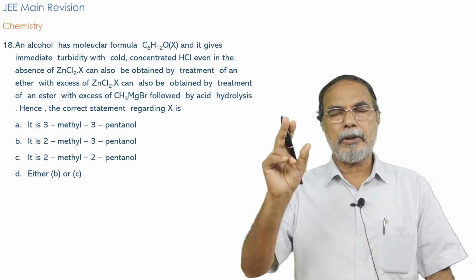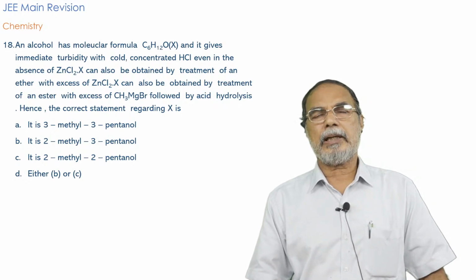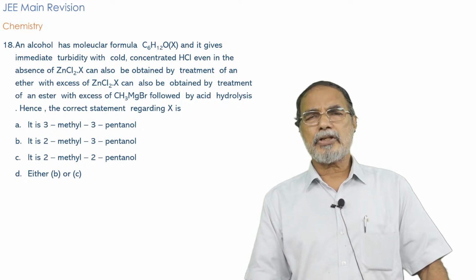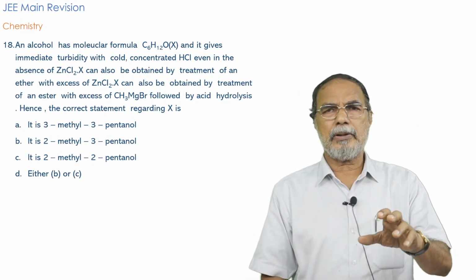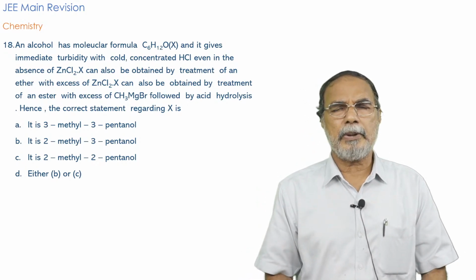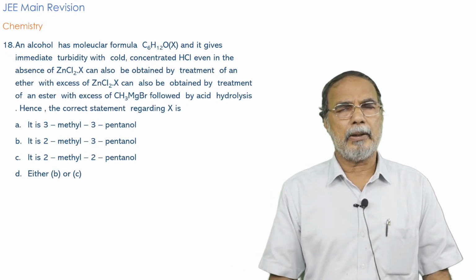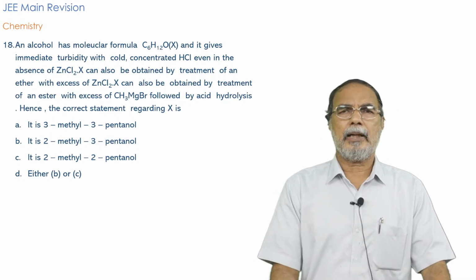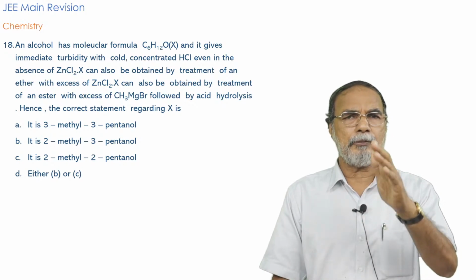You are reminded of the Lucas test, where the reagent is concentrated hydrochloric acid and anhydrous zinc chloride, and the tertiary alcohol gives an immediate turbidity. Secondary alcohol gives turbidity after some time, and the primary alcohol gives a turbidity only very slowly or doesn't give a turbidity at all. A simple test which can be used to differentiate among the three types of alcohols, primary, secondary and tertiary.